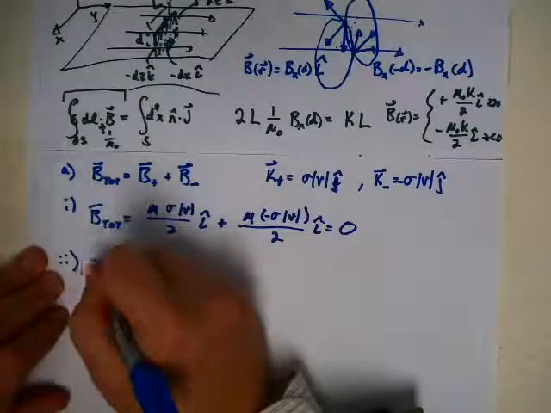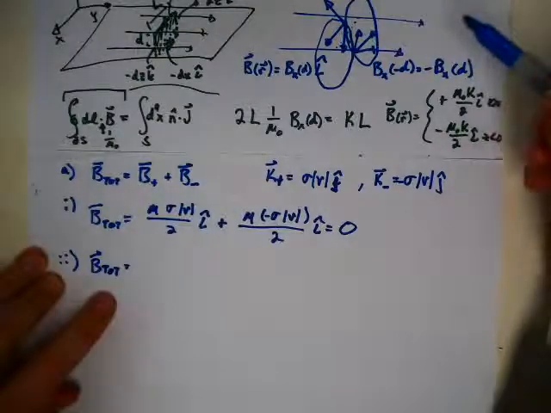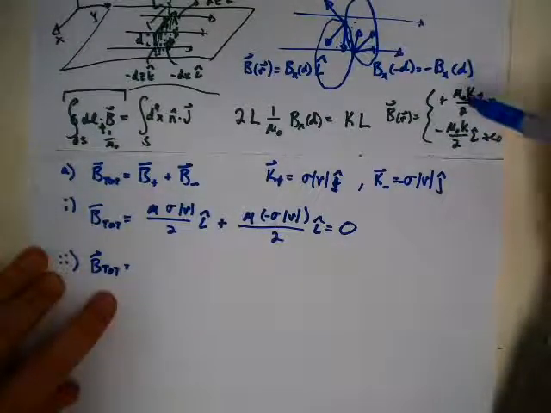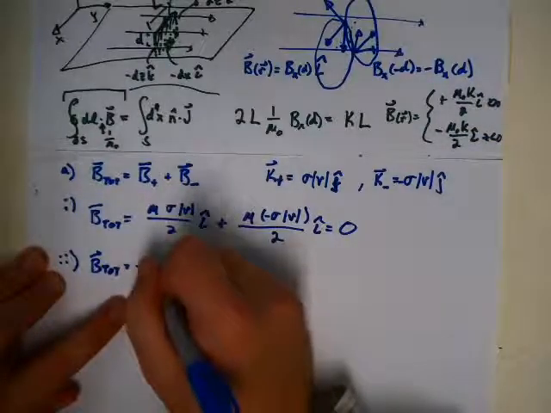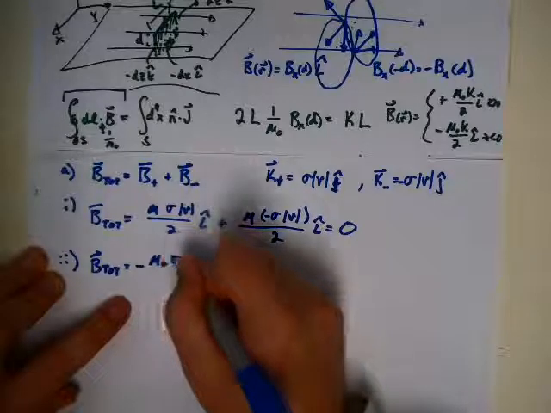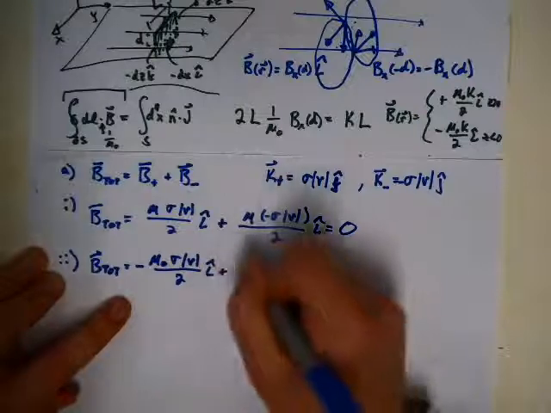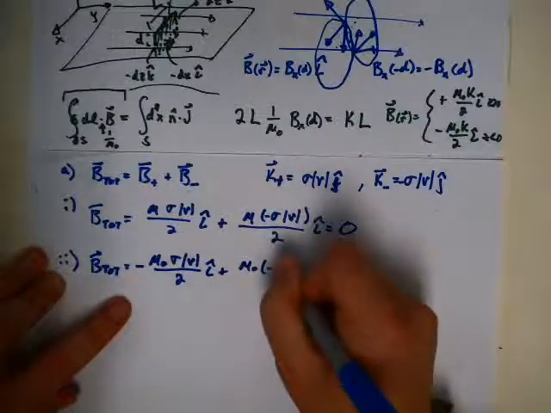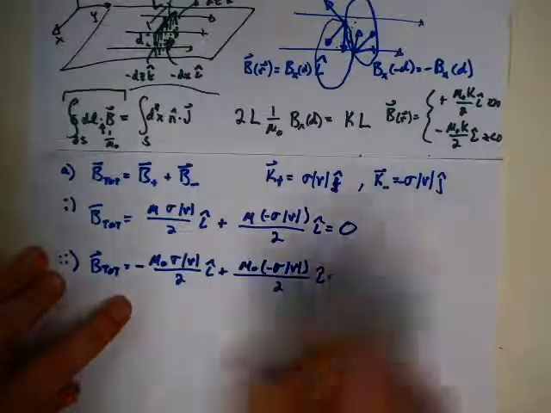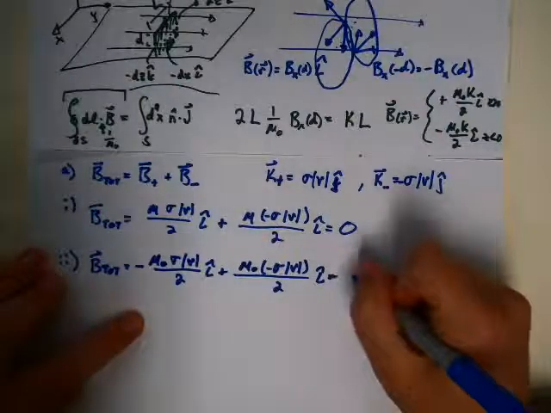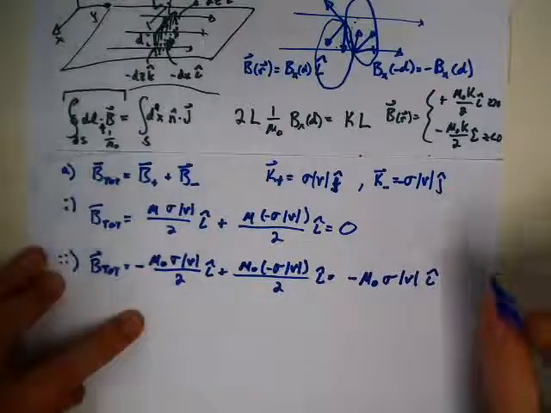In region 2, I do the same thing, but now I'm below the positive plate and above the negative plate. So I'm going to use the minus sign for the first one and the positive sign for the second. So minus mu naught sigma V over 2 I hat plus mu naught times minus sigma V over 2 I hat, which when we sum them together gives minus mu naught sigma V I hat.